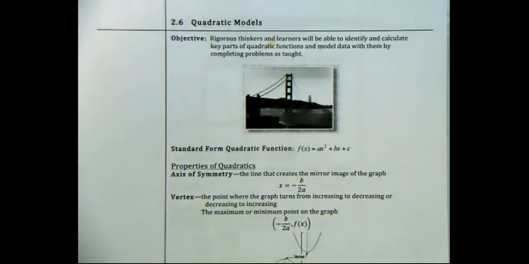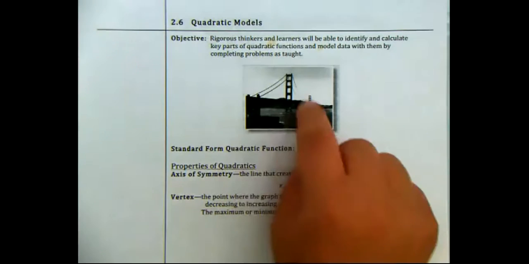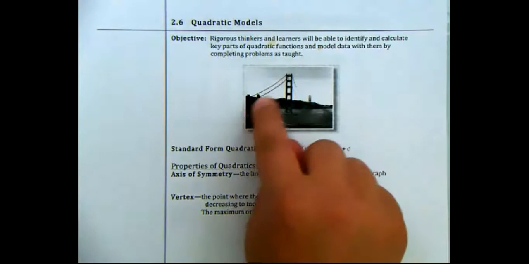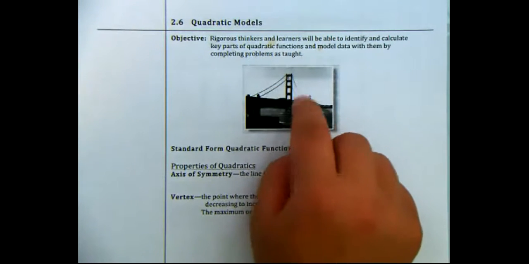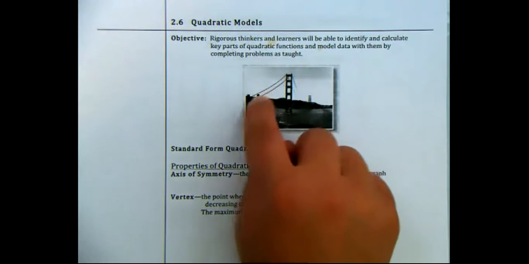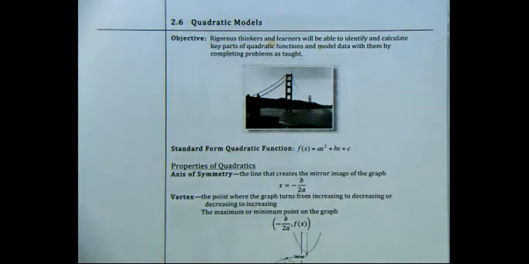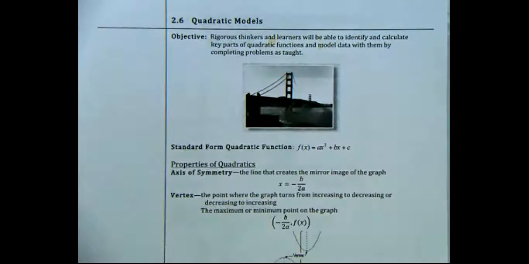I forget the name of it. It's like Gerald something. But they also used the quadratic models for these suspensions, right? So it's used to figure out the length of this cable and then the height of the cables that attach to them, right? So quadratic models are used in a lot of places. We just don't explicitly notice them.